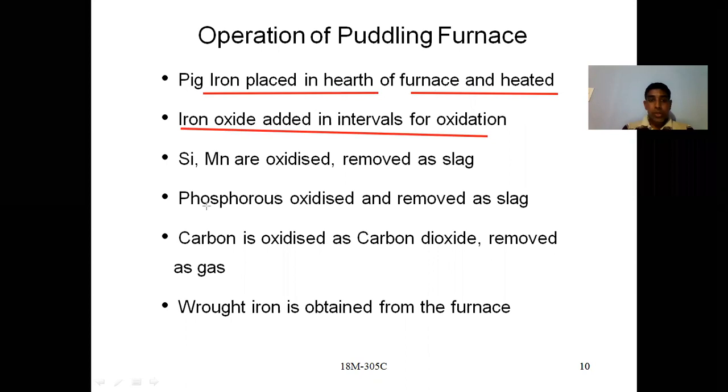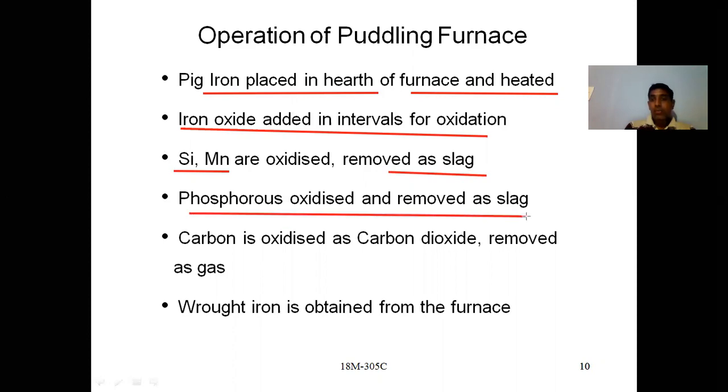Here we are going to remove silicon and manganese by oxidation, and they can be removed in the form of slag. So silicon and manganese are the impurities removed in the form of slag. And if you see here, phosphorus is oxidized and removed as slag.